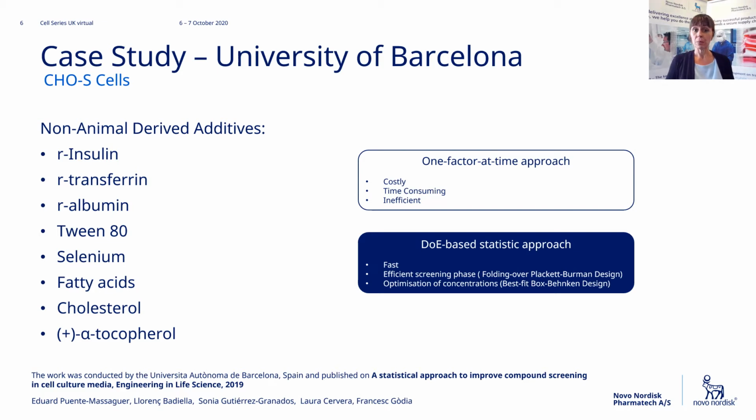A Plackett-Burman design and a Box-Behnken design were used, and synergies between compounds could be detected with a reduced number of experiments by using this method compared to more conventional design. And this led to a fast and efficient screening and concentration optimization phase.